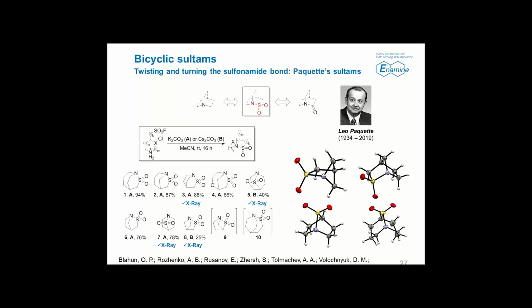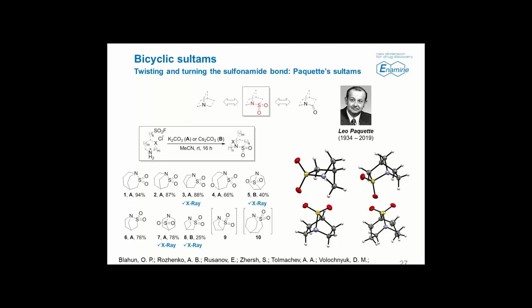After obtaining these compounds, we performed their thorough characterization, first of all by X-ray diffraction studies, and we managed to obtain single crystals even for this very strained compound, sulfonamide 8.